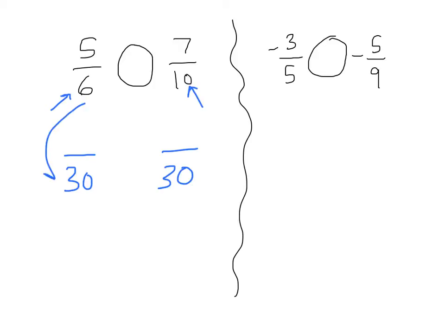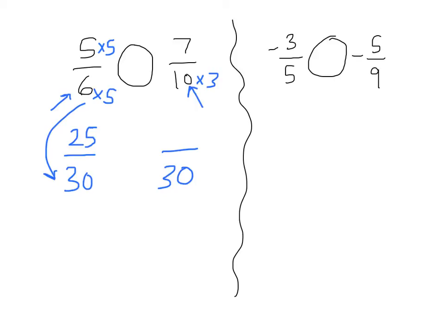6 can become 30 if I multiply it times 5. Whatever I do to the denominator, I have to do to the numerator. So if I multiply 6 times 5, I have to multiply 5 times 5. So 5/6 is 25/30. To turn 10 into 30, I multiplied it by 3.